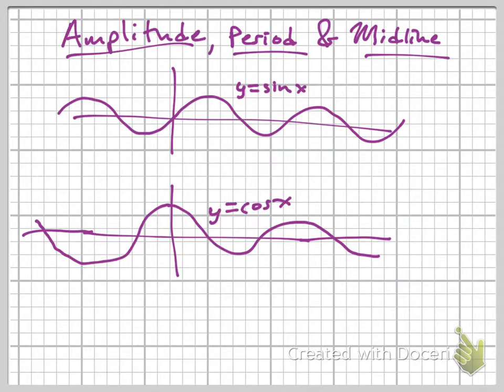So if we were to shift either of these graphs, up or down, left or right, it's going to affect neither the amplitude nor the period, because the amount of time it takes for the graph to repeat, which in the normal case is 2 pi, is not going to be affected by a shift, by a translation.